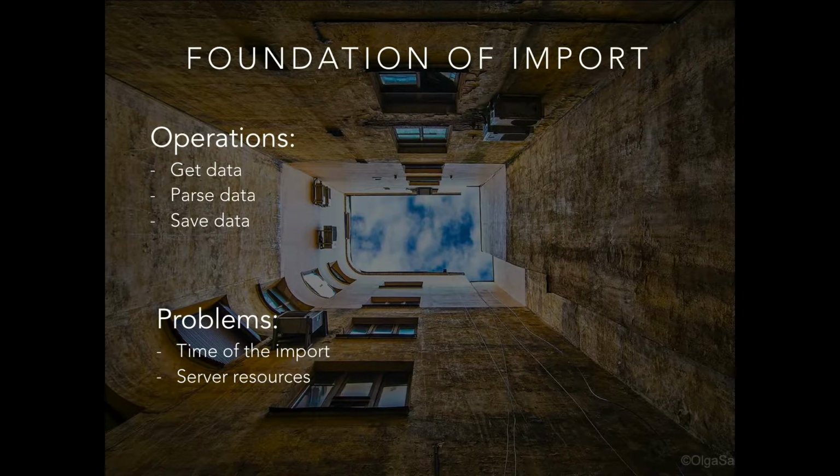And another one is your server resources. If you're running on cron, how many other jobs are already running on cron at this particular time? What percentage of the entire cron process is your cron job actually taking? So think about your server resources. What is the best time for your import to run? Talk to your client, ask about their peak hours, ask about the periods of most interest.